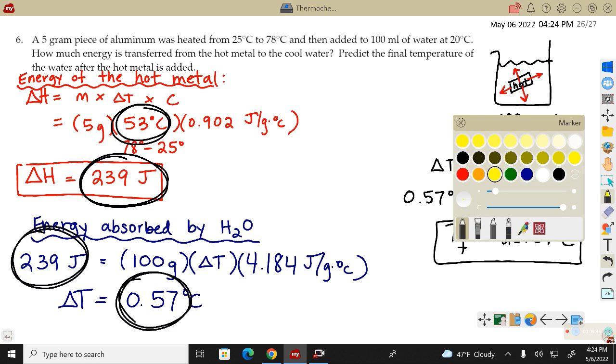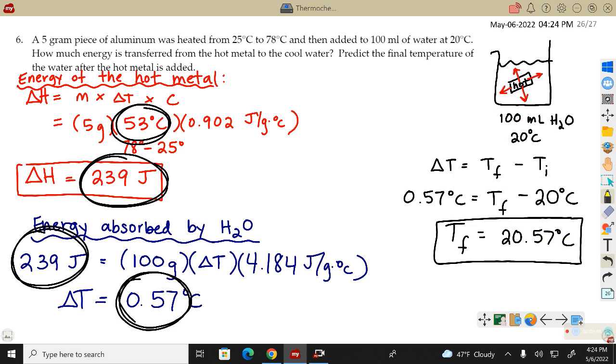Well, there's kind of two reasons for that. Number one, specific heat. Look at the specific heat of water. It's like 4 times larger than that of the aluminum metal. And specific heat is defined as the amount of heat energy it would take to raise 1 gram up 1 degree.